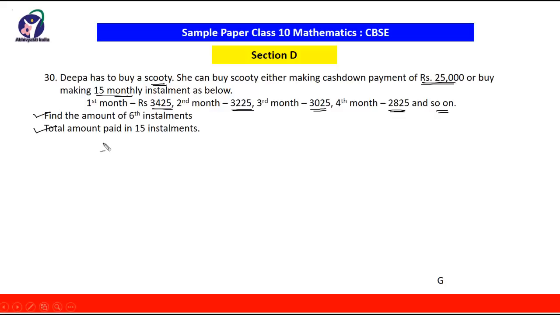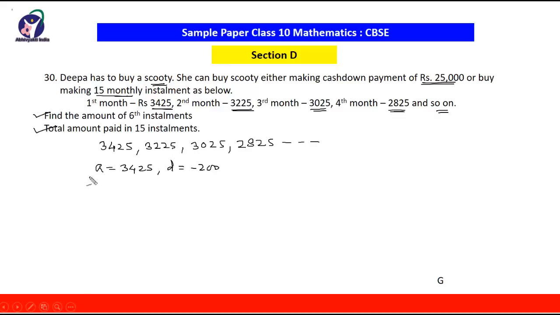So here the first installment is 3,425, the second installment is 3,225, the third installment is 3,025, and the fourth installment is 2,825, and so on till 15 installments. So here a is equal to 3425 and d is equal to minus 200.